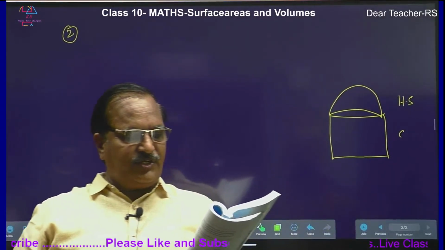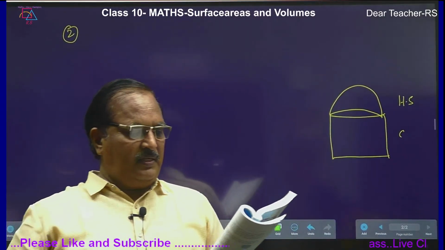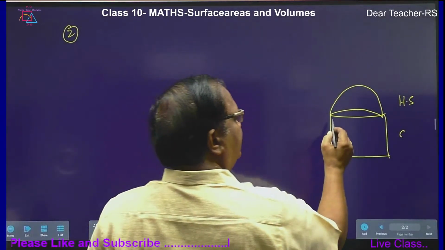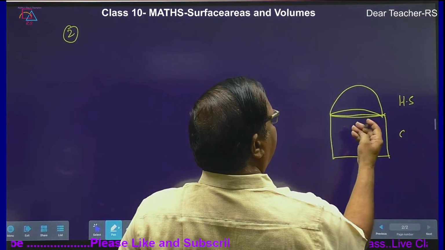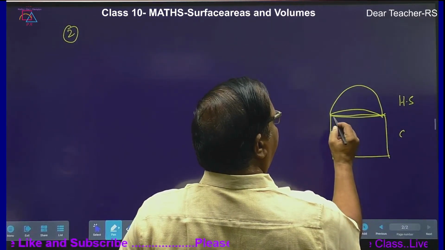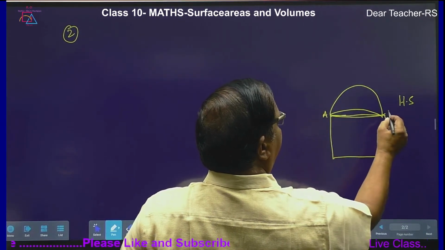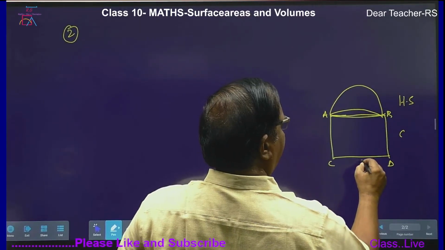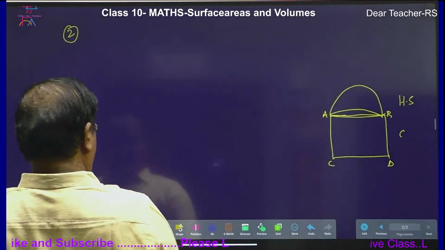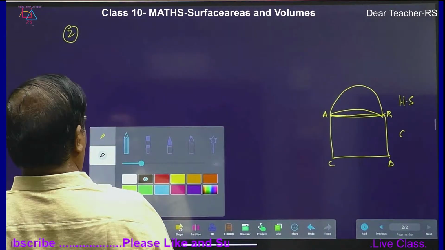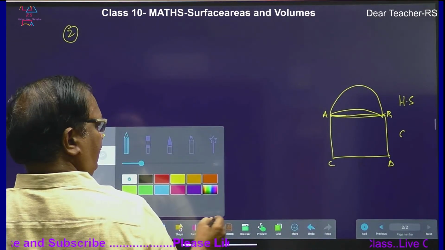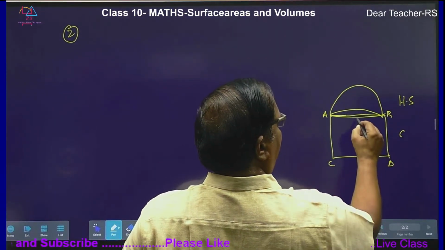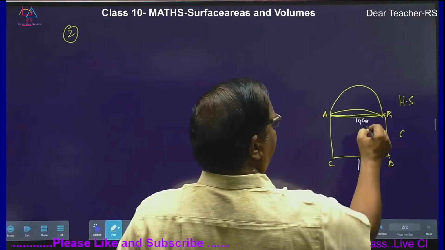Now let us understand further. The diameter of the hemisphere is 14. So this is the diameter of the hemisphere. This is 14. Diameter of the hemisphere, if I say AB and CD, both are the same. This is 14 centimeters, and this is also 14 centimeters.